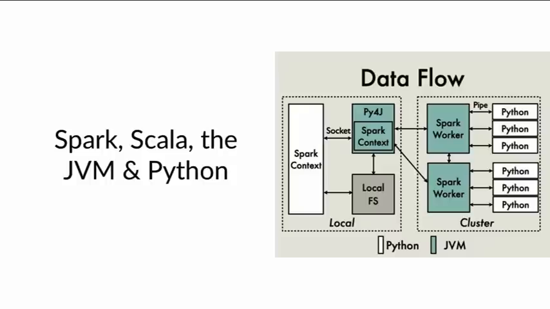It will then talk through Py4j to the Spark driver, which is implemented in Scala. And this driver talks to the cluster or to the worker machines. On each worker machine, there is normally one Python process per core, and the Spark worker on the worker machines talks through pipes to the Python process.